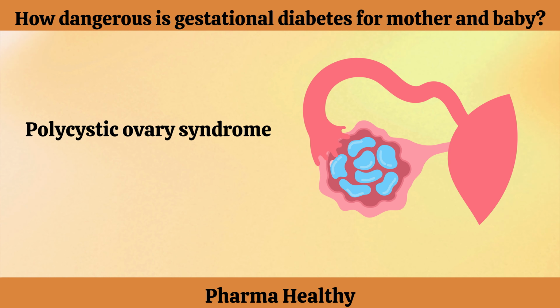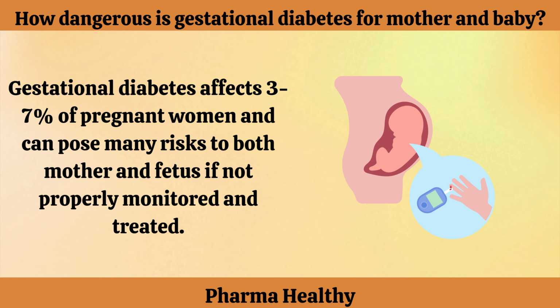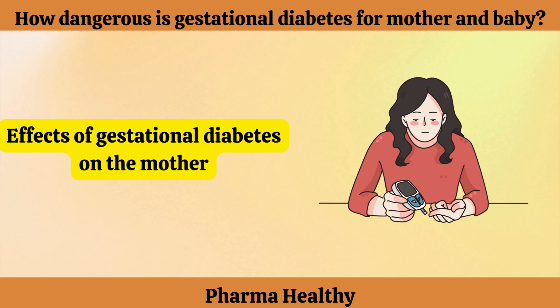Polycystic ovary syndrome. Gestational diabetes affects 3 to 7% of pregnant women and can pose many risks to both mother and fetus if not properly monitored and treated. Effects of gestational diabetes on the mother.